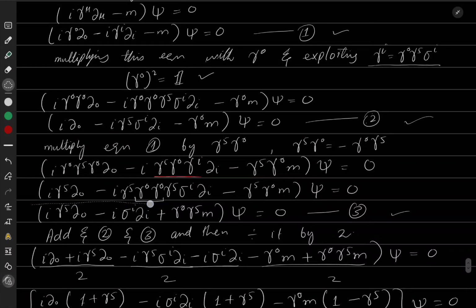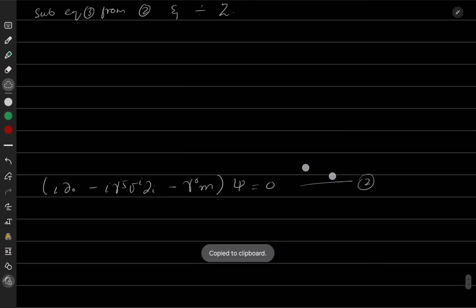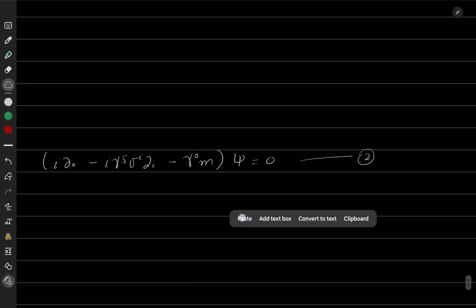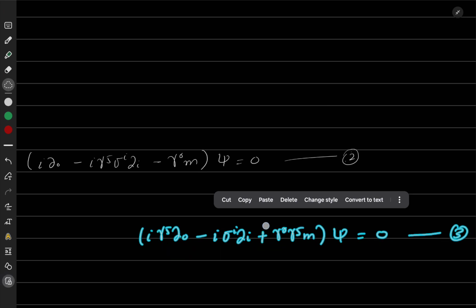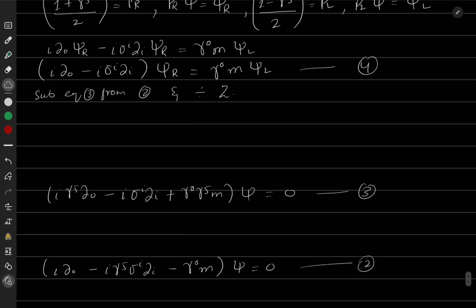Here is 2, and here is 3. Okay, so I copied them here for the moment. So I'm going to subtract 3 from 2.